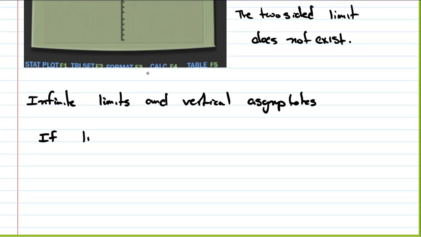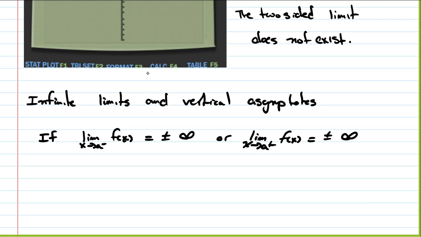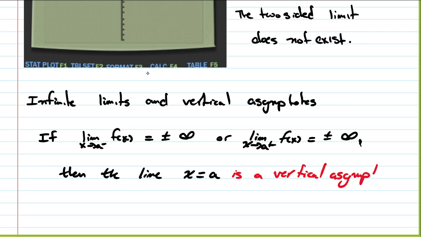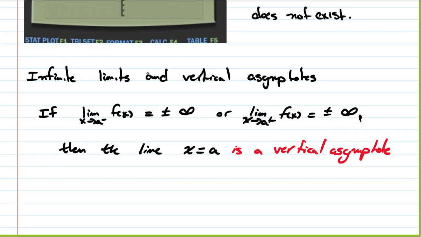If the limit as x approaches a from the left of f of x is equal to plus or minus infinity, or the limit as x approaches a from the right of f of x is equal to plus or minus infinity, then the line x equals a is a vertical asymptote of f of x.